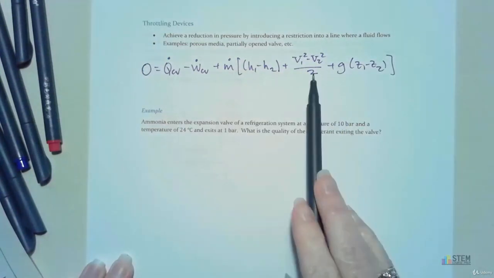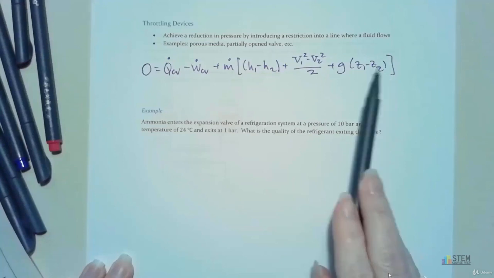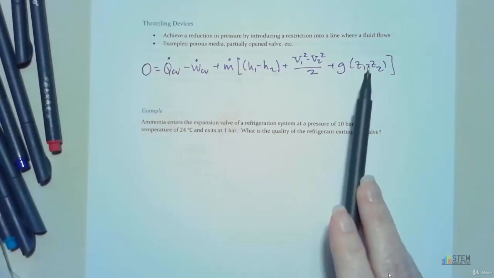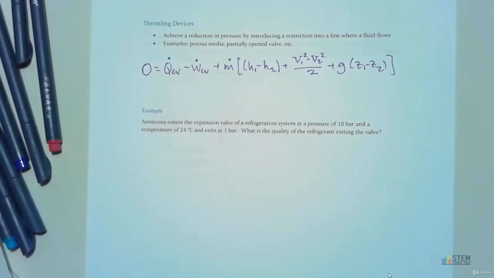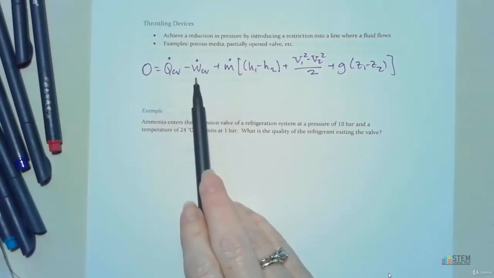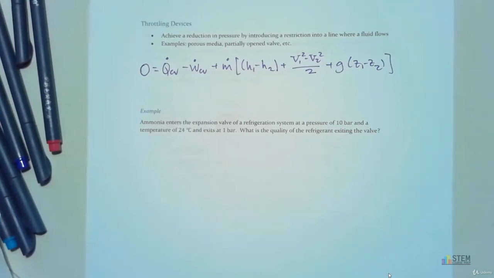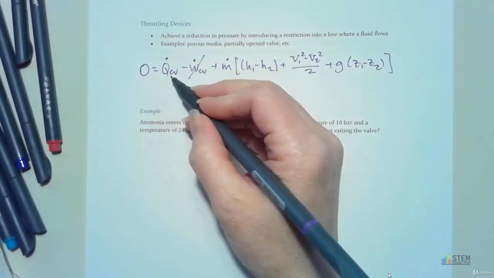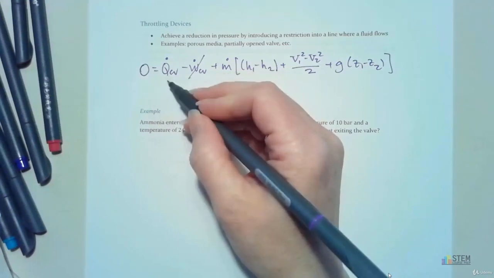And typically we're going to ignore the kinetic and the potential effects. Don't always have to, but usually we do. In this case, we aren't going to need any external power or work, so this goes away, and we're not really going to have any external heat transfer unless it's stated.